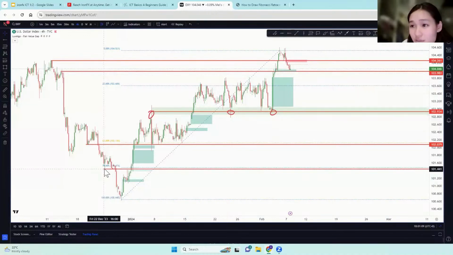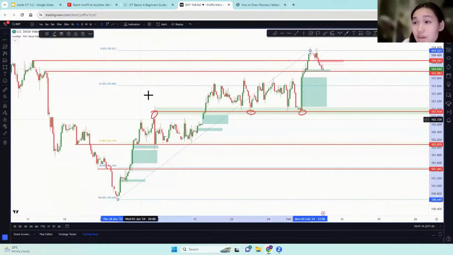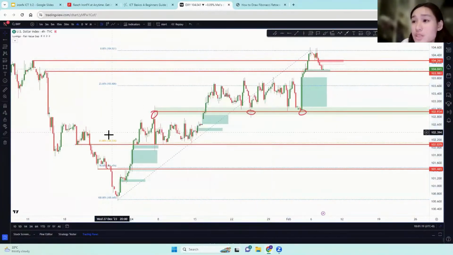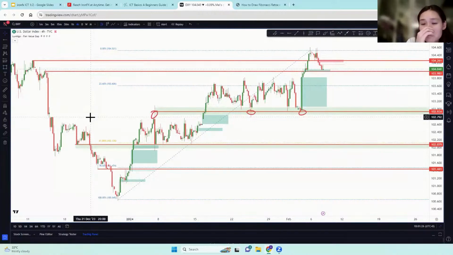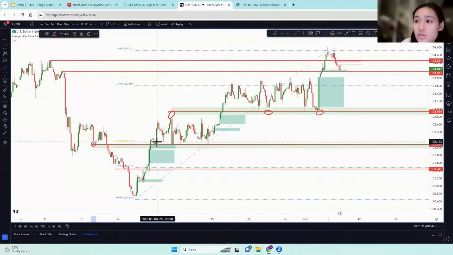The 78.6 doesn't really match up, apart from this swing low, which is fine. It doesn't always have to match up. This 61.8 is a pretty significant level because we have one swing low, two, three, and four levels lining up. So we can expect price to be attracted to that area again and bounce off of it.